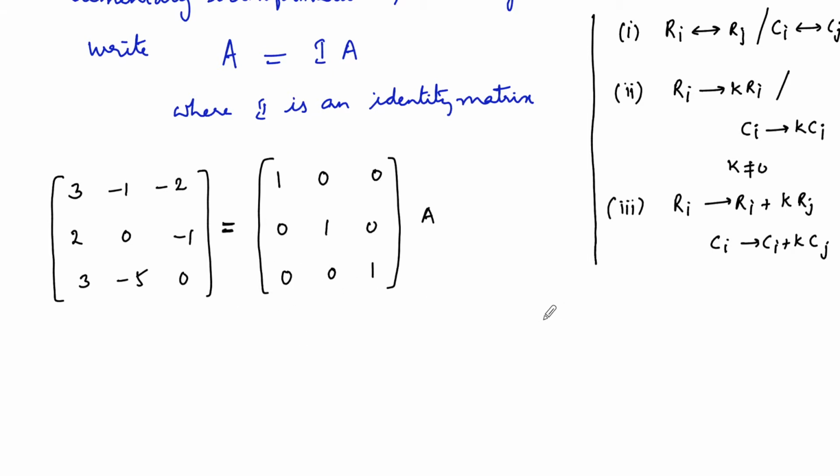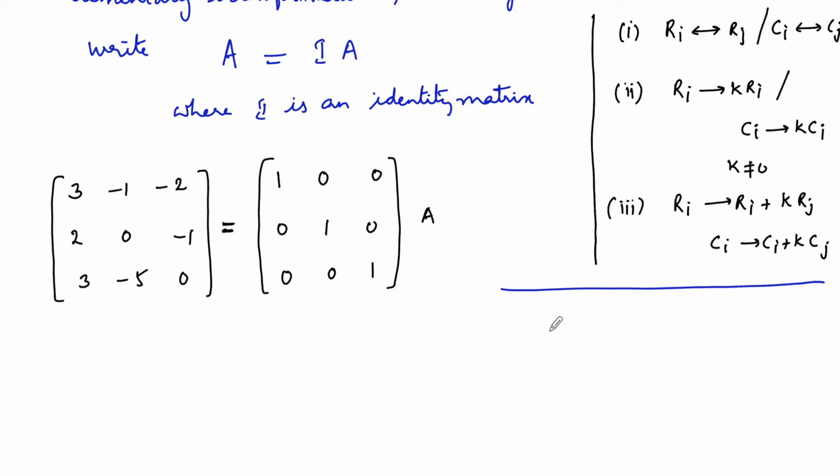And now remember a sequence of solving a problem. If you are performing the row transformation, let us apply the row transformations here first, then we will solve the same problem by column transformation.